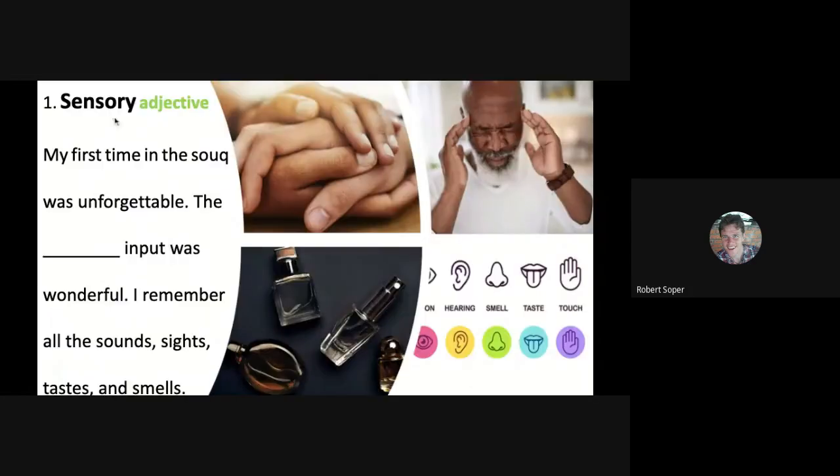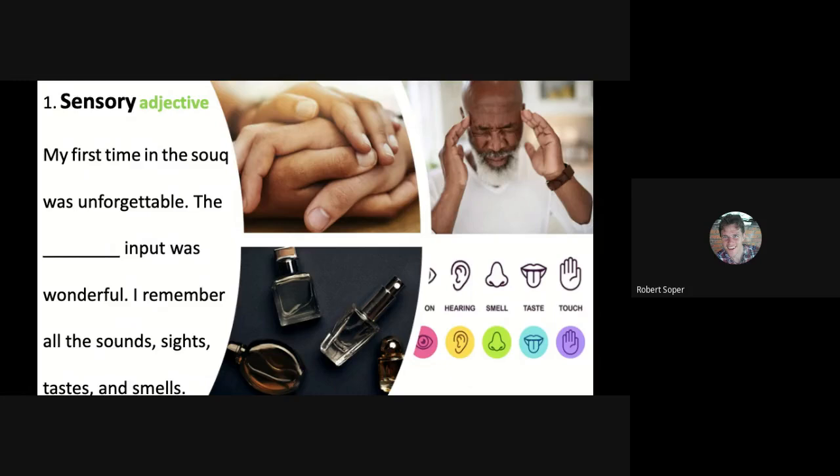Okay, so let's break down sensory. What is sensory? Well, sensory is an adjective related to the noun senses. So when we're talking about sensory, we're talking about using the senses. Now, what are the senses? Well, we touched on the senses when we were talking about perception.